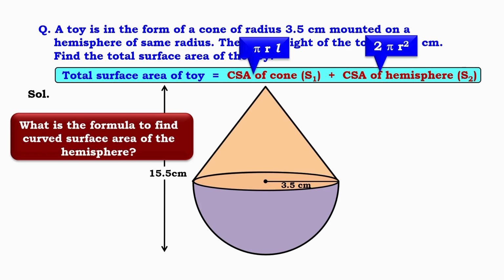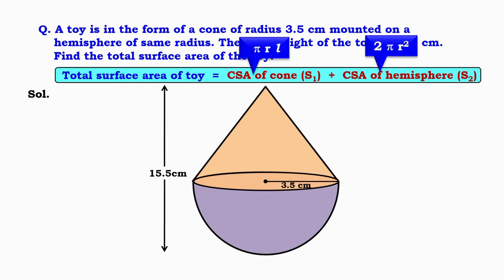That is 2 pi r square. Here the r value we know, but we don't know l. But we know that l is nothing but the square root of h square plus r square. So if we can find h, the height of the cone, since we know r, from there we can easily find the value of l.